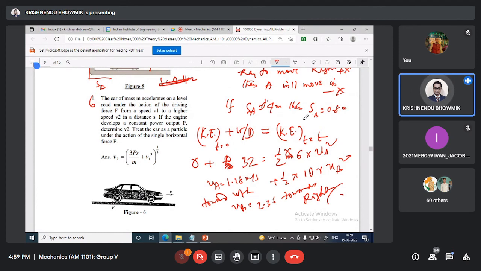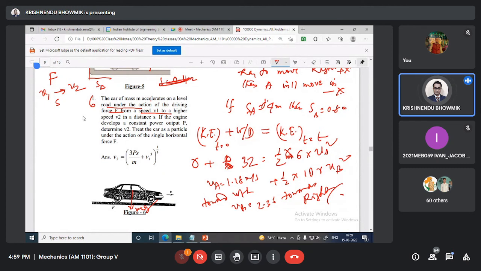A car of mass m, so it has weight mg, accelerates on a level road, no inclinations, under the action of the driving force F from speed v1 to speed v2 over distance s.